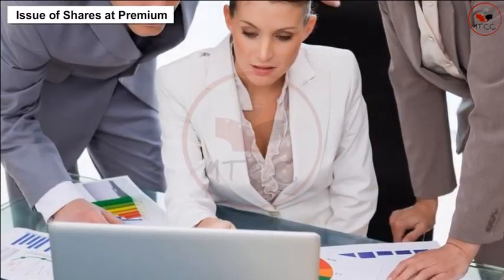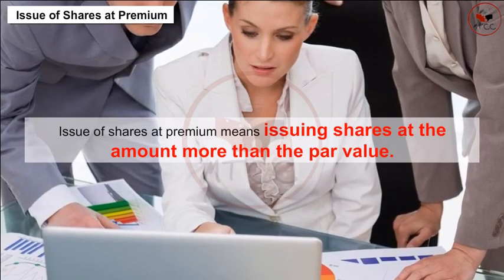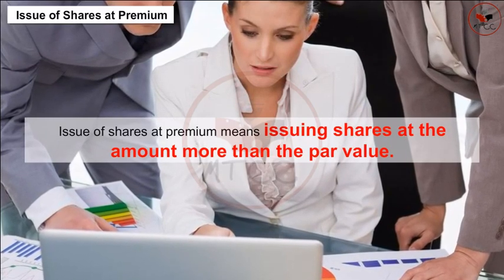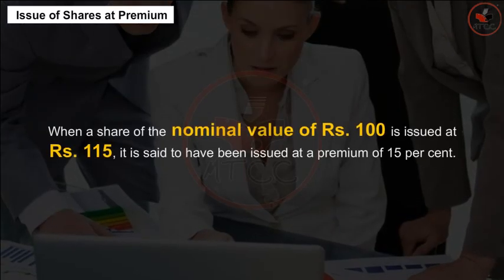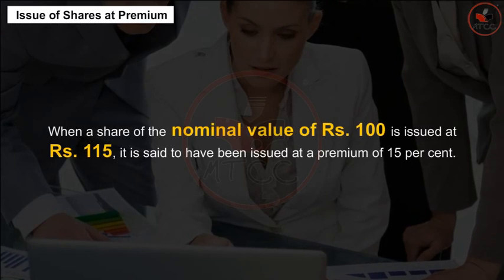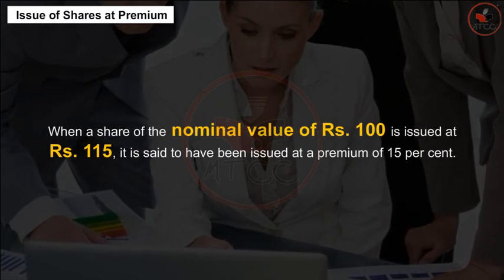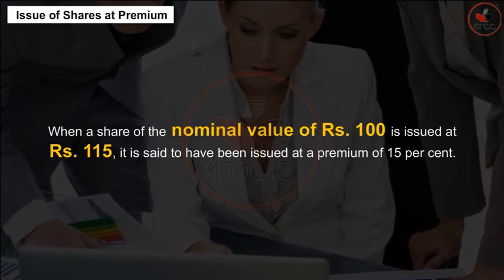Issue of shares at premium. Issue of shares at premium means issuing shares at an amount more than the par value. When a share of the nominal value of rupees 100 is issued at rupees 115, it is said to have been issued at a premium of 15%.